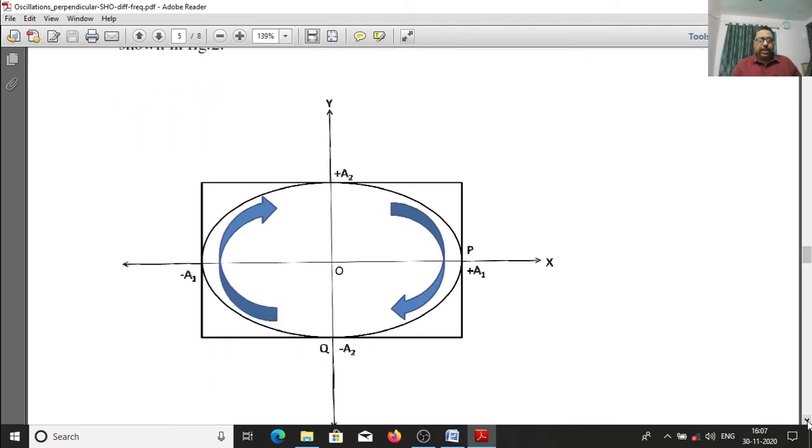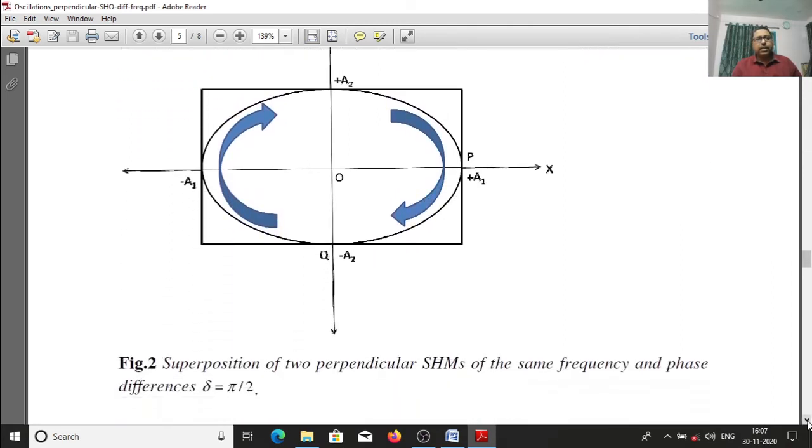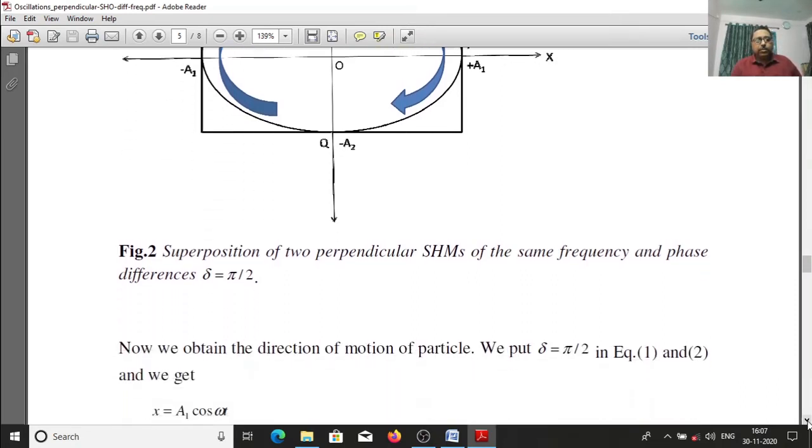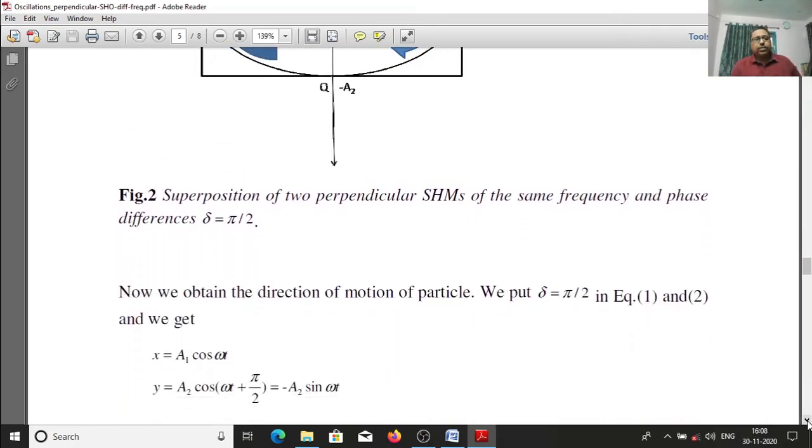Now again the question arises, how do we calculate the direction of motion of the particle? Again, when delta equal to pi by 2, equations 1 and 2 become x equal to a1 cos omega t and y equal to a2 cos of omega t plus pi by 2, that means minus a2 sin omega t.